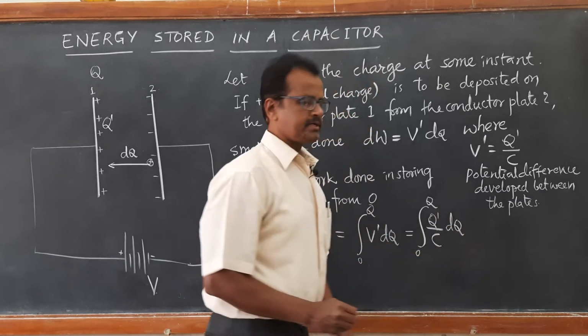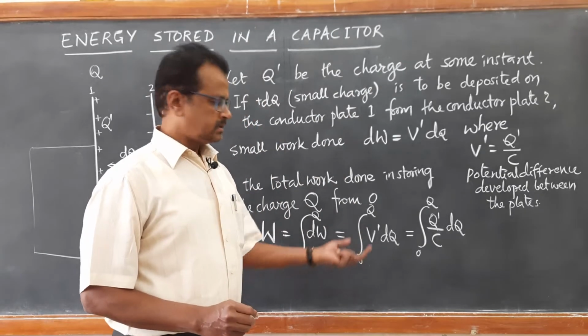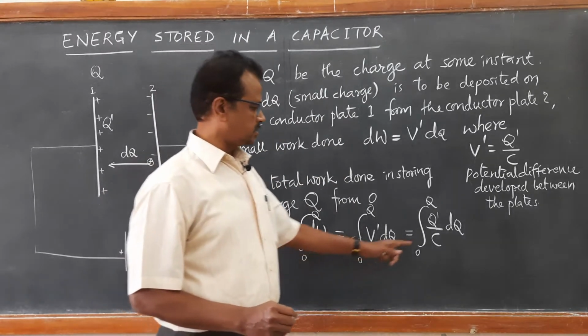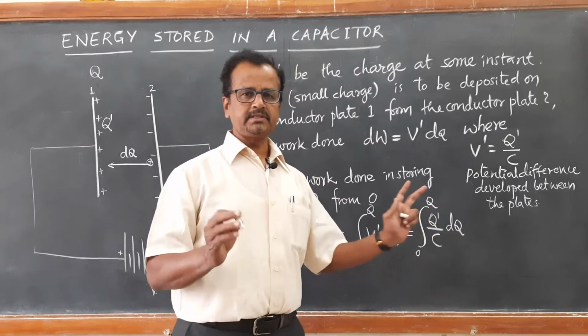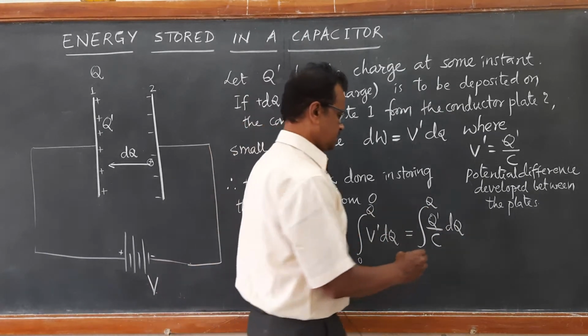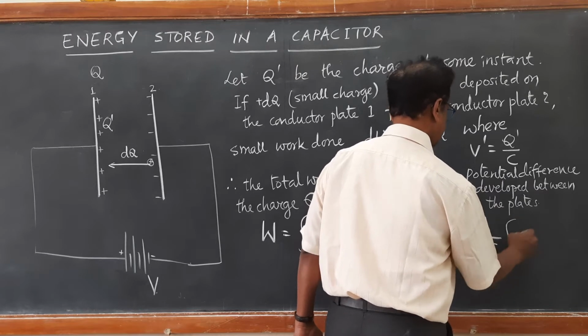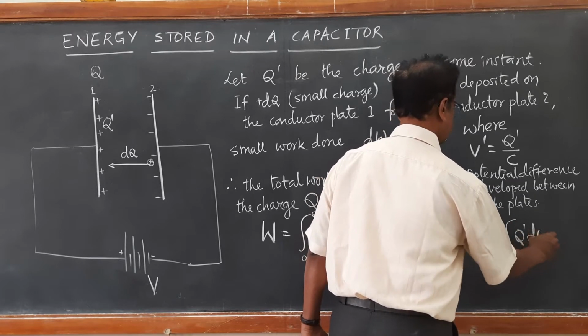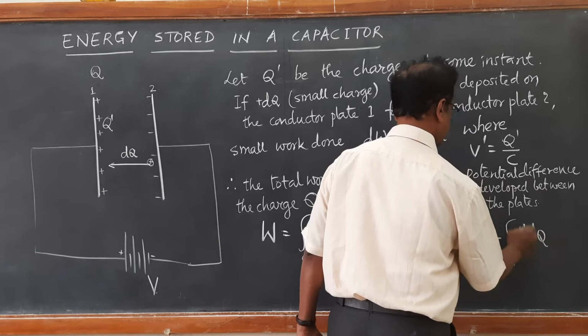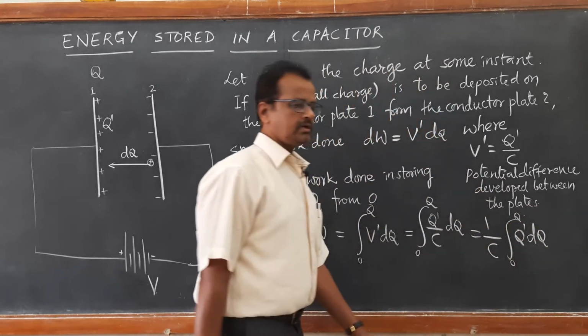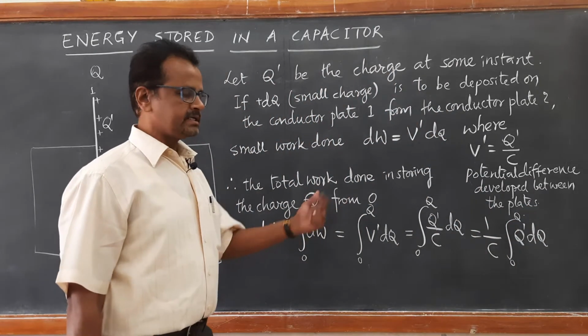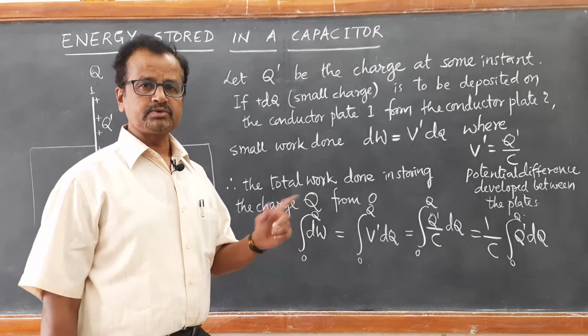Now c is the capacitance of the capacitor. Capacitance of the capacitor is constant. Take it out. So you are left with 1 by c into integration of q dash dq from 0 to q. What is integration of q dash dq? Like x dx. Integration of x dx is x square by 2.